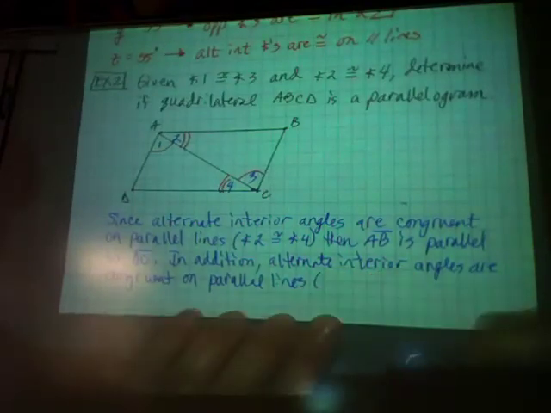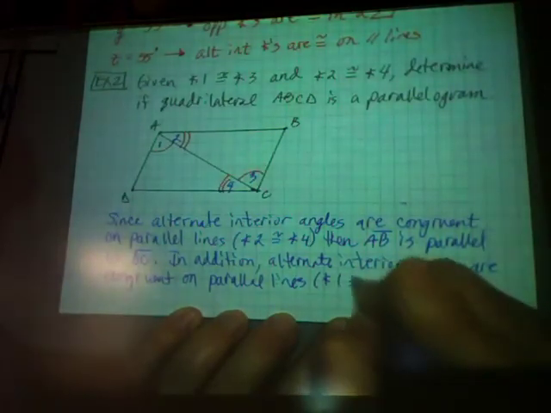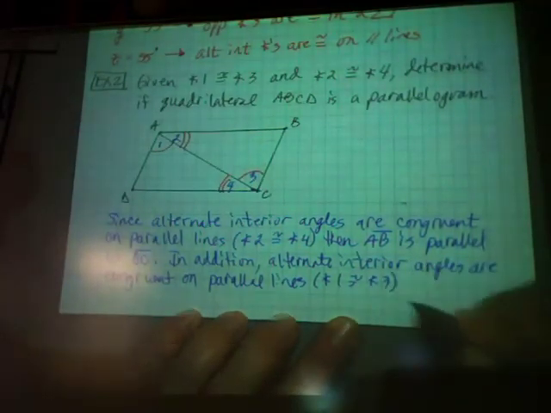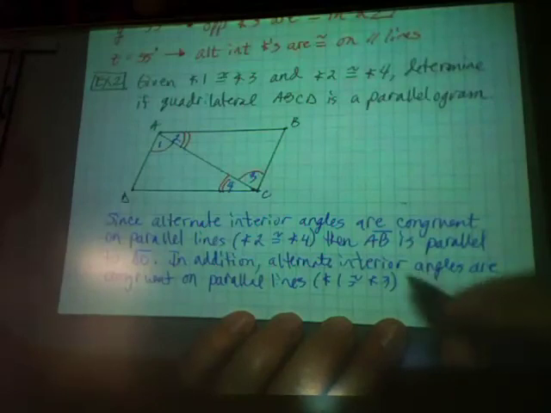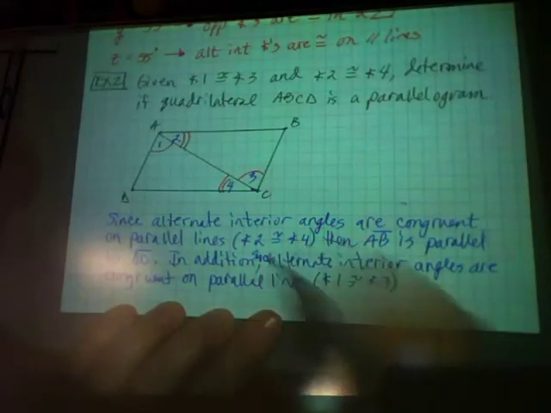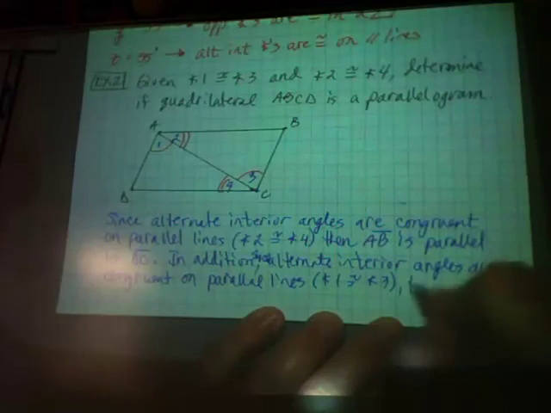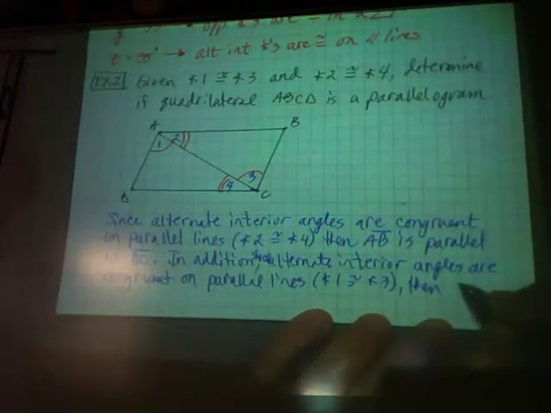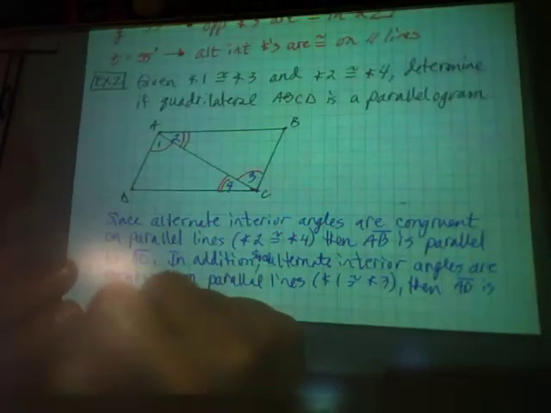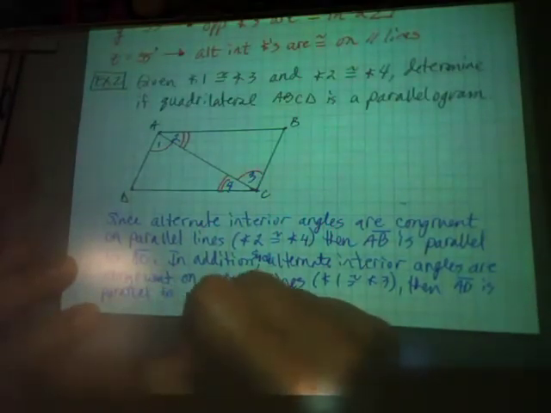And then in parentheses, we're going to put the angle 1 and angle 3. And I'm going to put the word since in here. In addition, since alternate interior angles are congruent on parallel lines, then line AD is parallel to line BC.